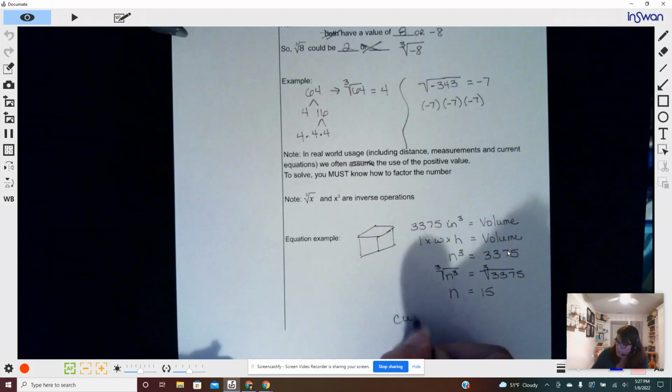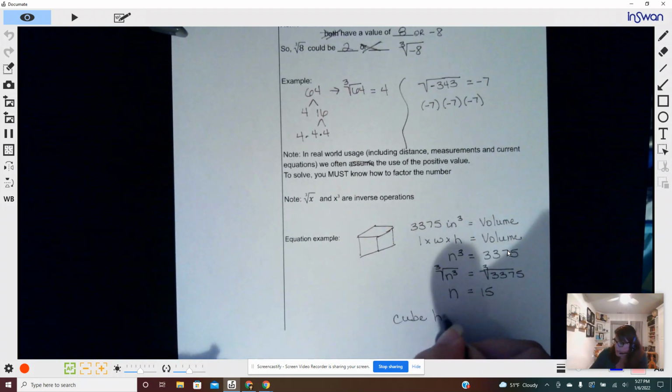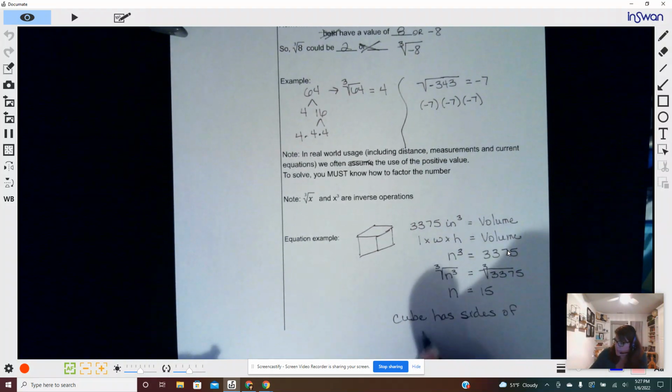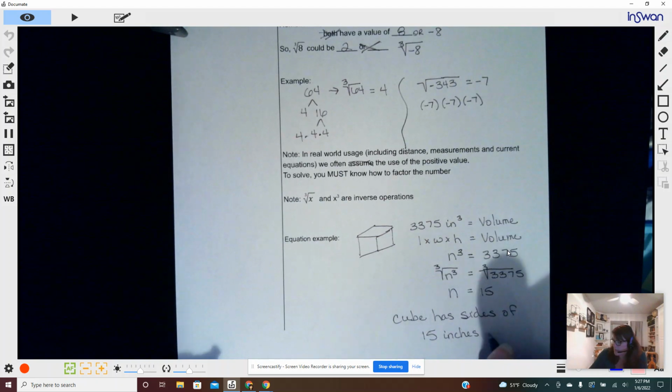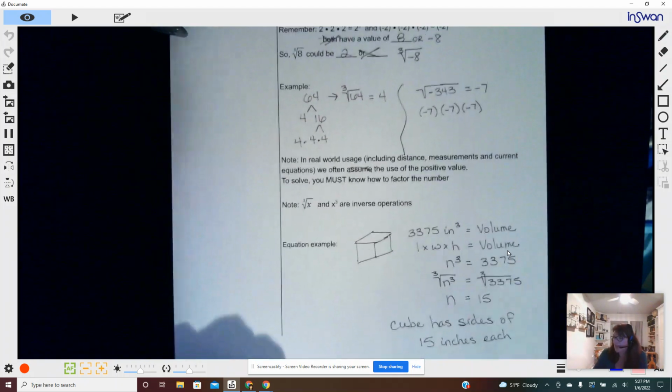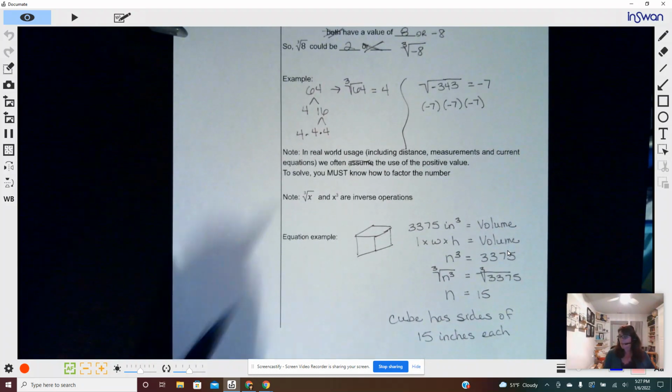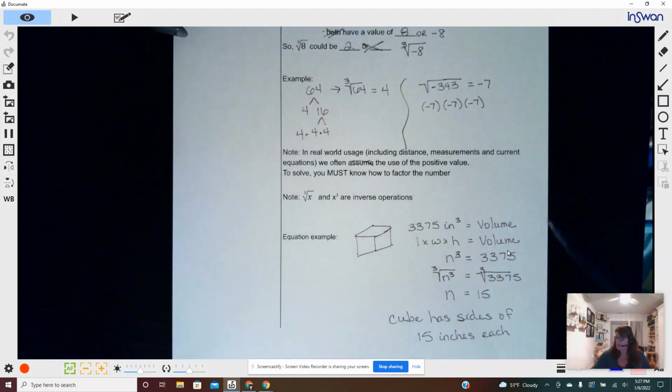So the cube has sides of 15 inches each. Now, we're not really going to approximate the cube roots, but I really want you to see their application when it comes to volume, because that is a way that we will be using them.